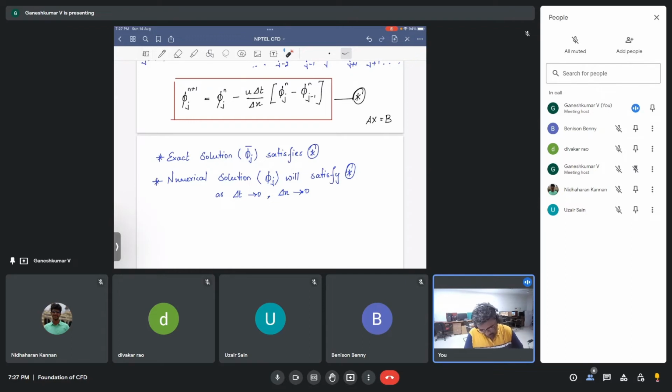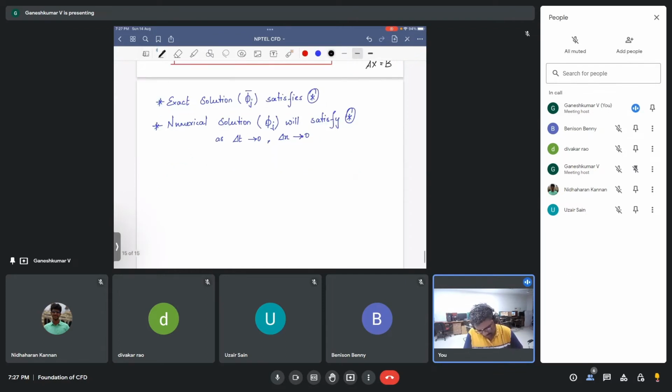There is always an error associated with this numerical solution. Let's write that error as epsilon j, which is equal to phi j minus phi j bar. So the numerical solution minus the exact solution is the error.